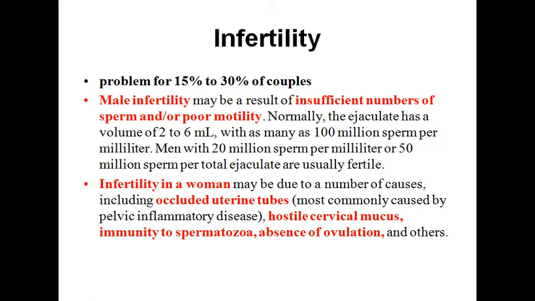And in infertility of women, there can be various reasons, a few of them being occluded uterine tubes because of some diseases, the hostile cervical mucus which provides a hostile environment that might damage the sperms, immunity to spermatozoa, and absence of ovulation. So in females there can be various reasons, but in males it mainly depends upon the number of sperms or the motility of sperms, right?